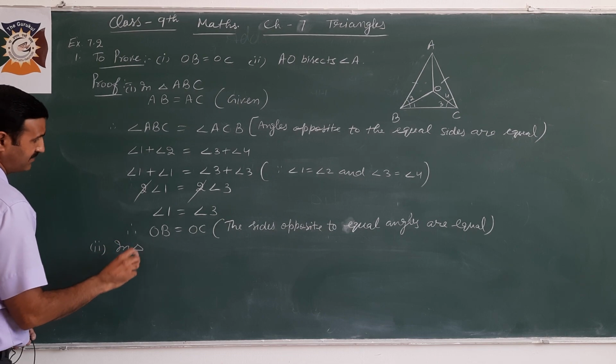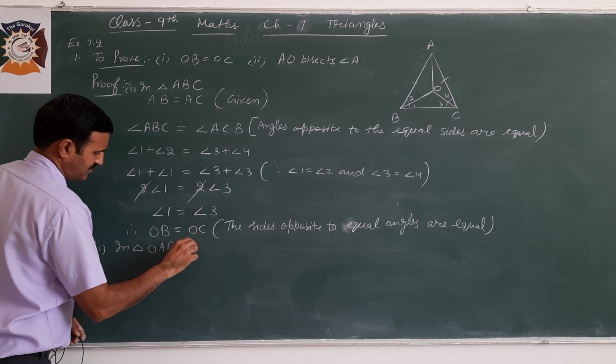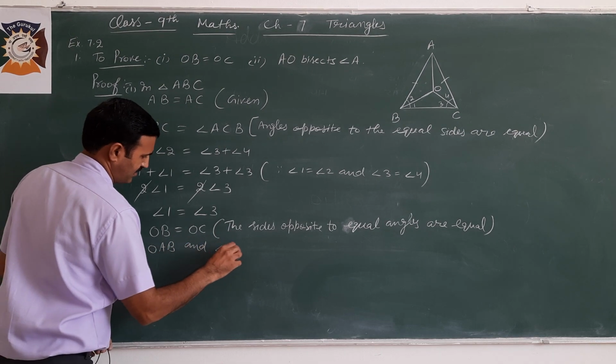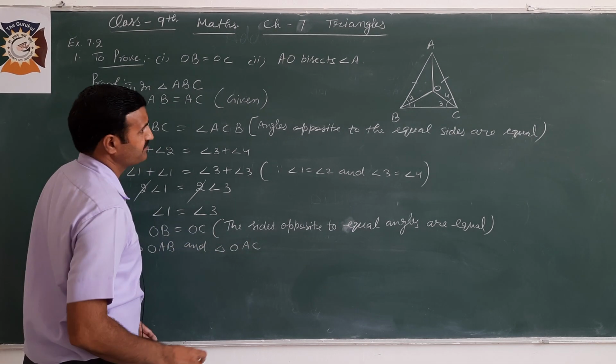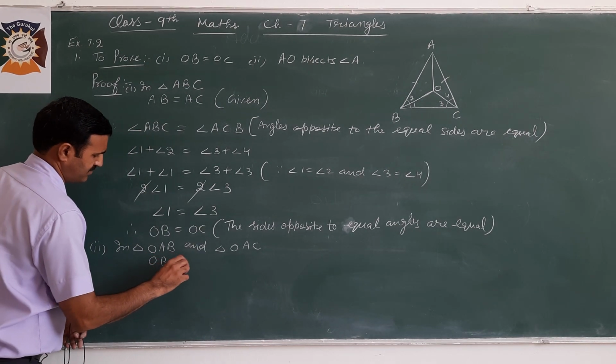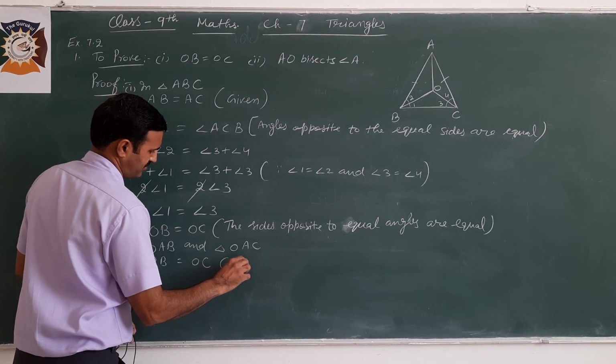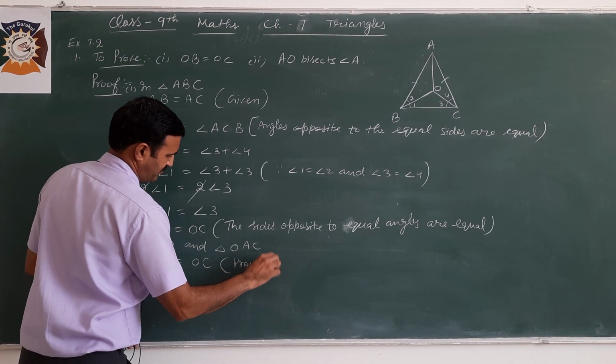In triangle OAB and triangle OAC, OB is equal to OC, this is proved. We have proved this.